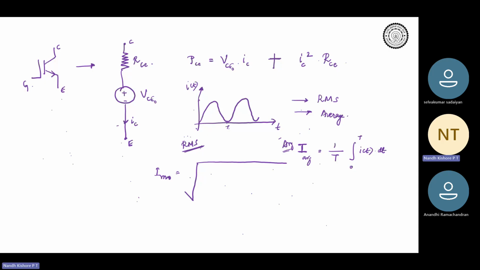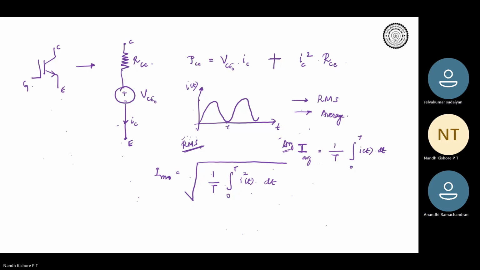And then there is mean. Mean means average, 1 by T integral 0 to T, and then there is a square part, so I square of T dt. Do you agree with this? Is this fine for both of you? This is the definition of IRMS. Correct?